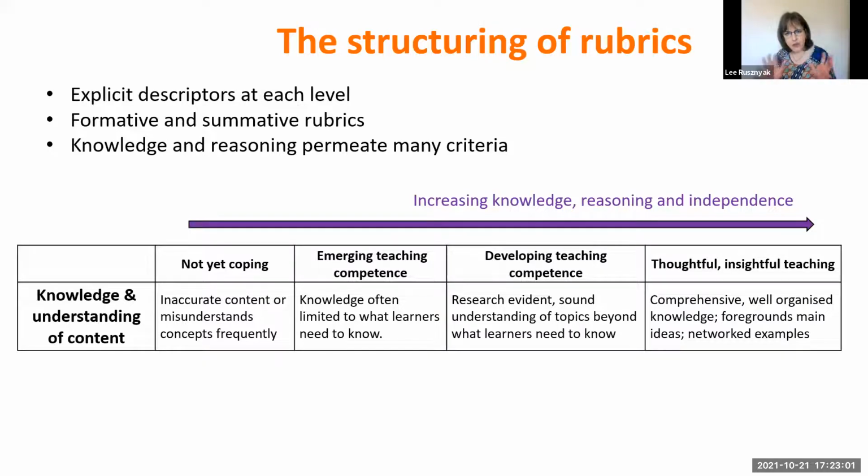But in both of those examples that we had, there was increased attention to knowledge, to reasoning, and to the students' ability to think and reason and do independently over time. So the knowledge and the reasoning permeate through all of those, or nearly all of those criteria. It's a constant refrain.